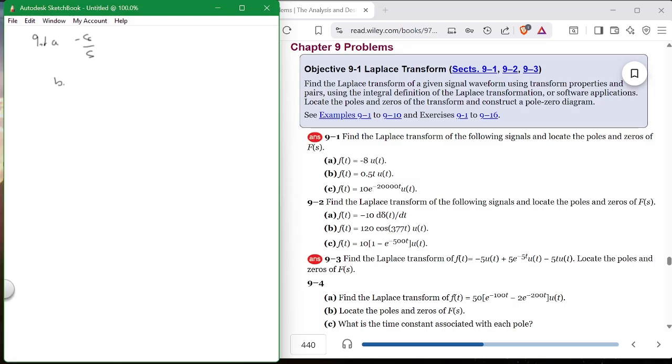B, what's that one, Leo? 0.5t. I don't have my sheet. Is that right? Does everybody agree with that?